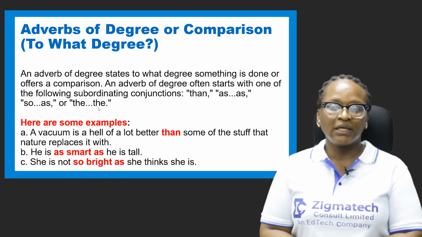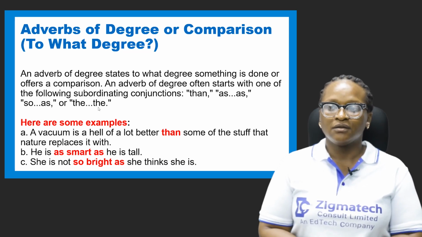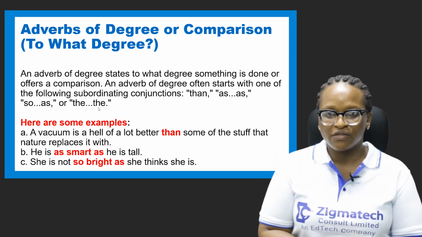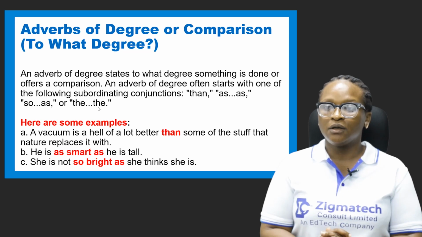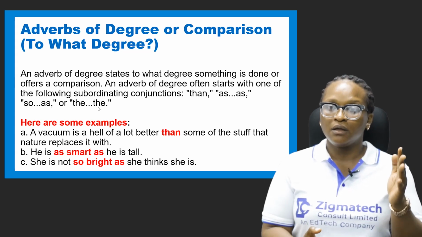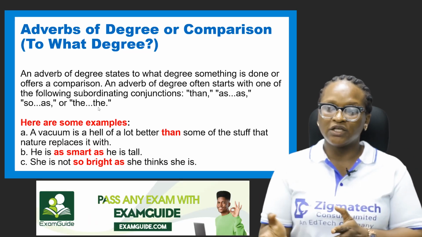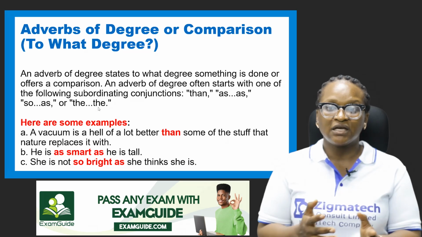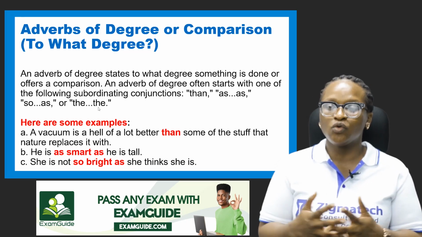A vacuum is a hell of a lot better than some of the stuff that nature replaces it with. So it's comparing the vacuum you have and what nature replaces it with, and it's saying that the vacuum is a lot better than, to what degree?